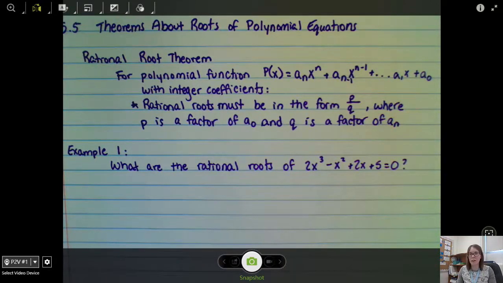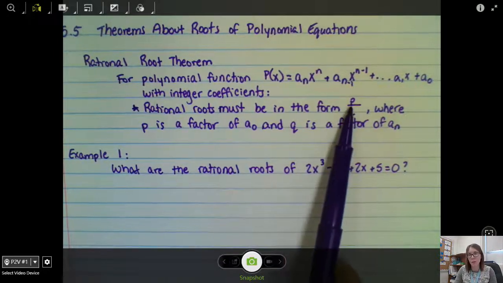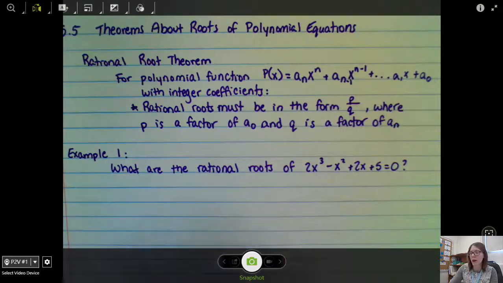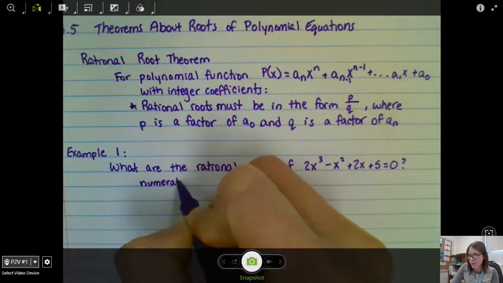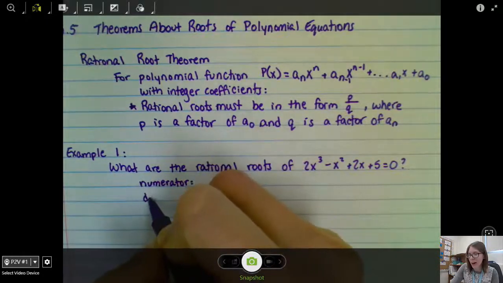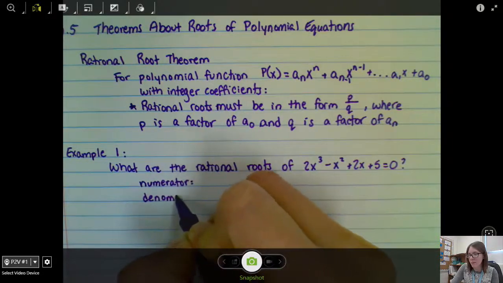When you're using the rational root theorem, we need to find what p could be and what q could be. What are our options for our numerator? And what are our options for the denominator?